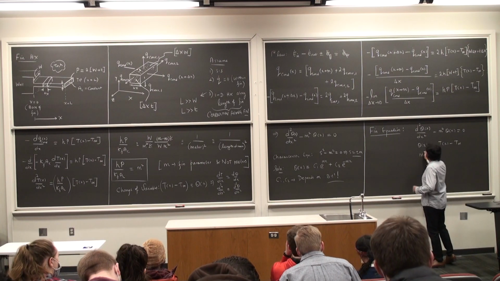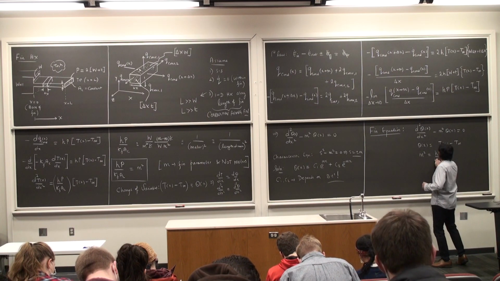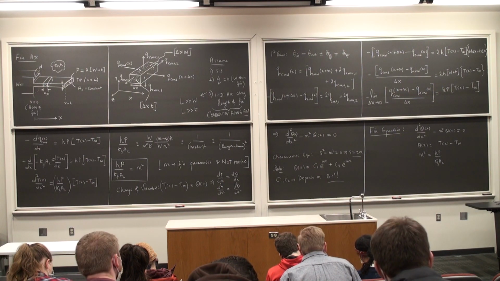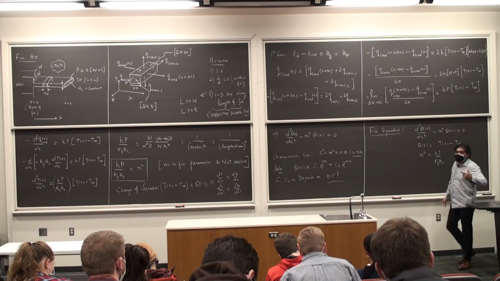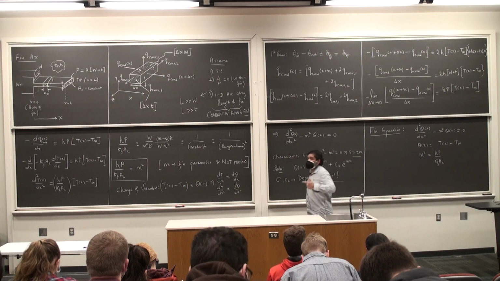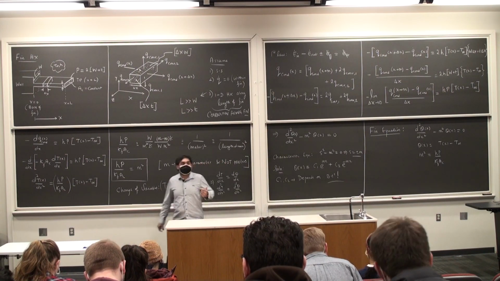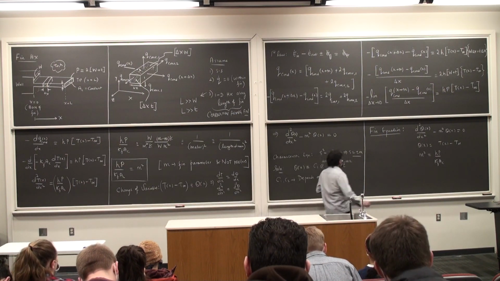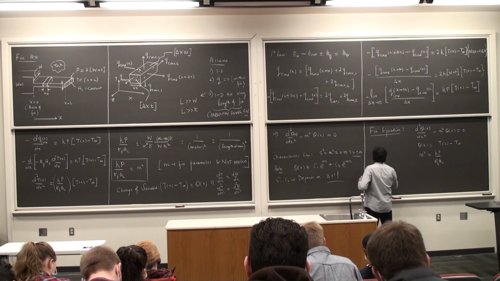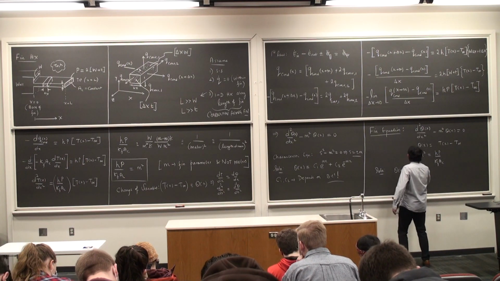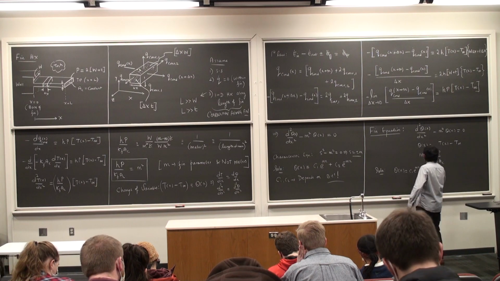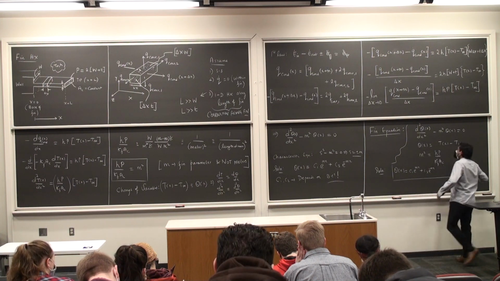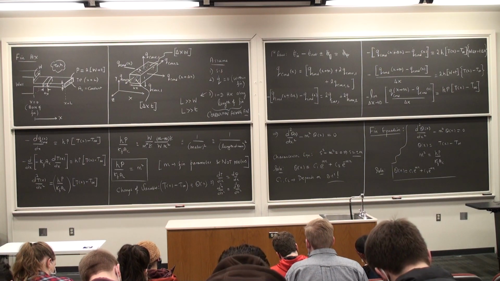Little m square is hP by kf Ac, where h is the convective heat transfer coefficient, assumed to be the same on all surfaces of the fin. P is the perimeter of the fin. A suffix c is the area of cross section of the fin, and k suffix f is the thermal conductivity of the fin. Okay, and the solution, theta of x, c1 e to the power mx plus c2 e to the power minus mx. Okay, so this is something that we will keep referring back to all the time.